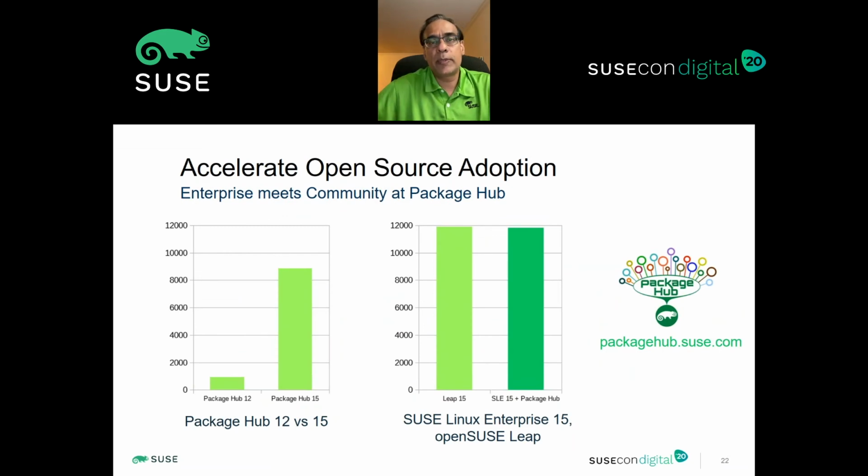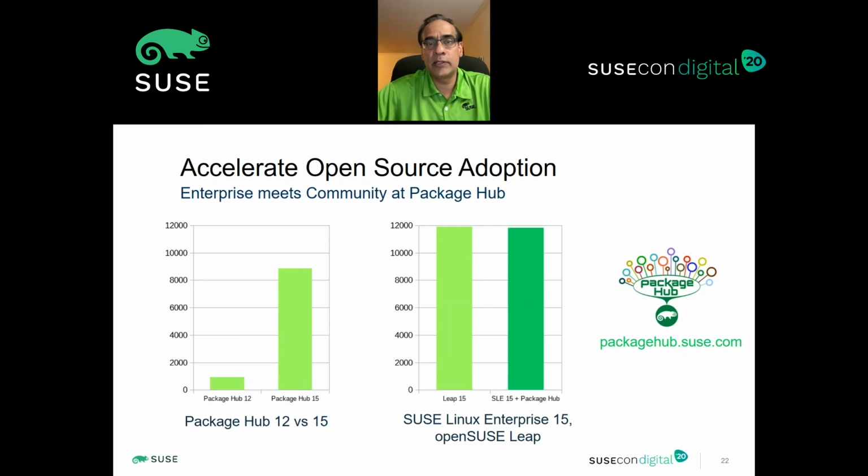Now, from a community perspective, Package Hub is where all the packages are. So you would see that there's a big difference from SUSE Linux Enterprise 12 to 15, where with SUSE Linux Enterprise 15, the gap between the community openSUSE Leap and the enterprise version has really narrowed down. SUSE Linux Enterprise 15 was released a couple of years ago, and that gap has narrowed with every single year, where you can get a package like, I'll just pick RabbitMQ.